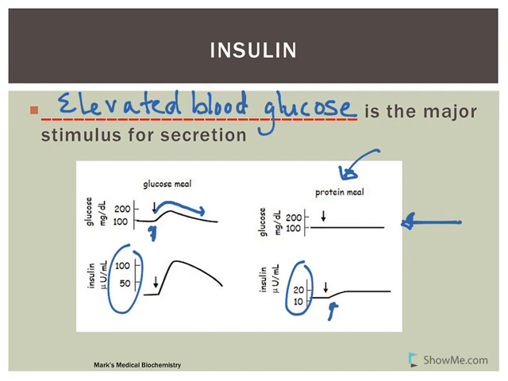The reason why a protein intake will also increase insulin, but not quite as much, is because, again, insulin is an anabolic hormone. One of the things that's involved is protein synthesis, and you use amino acids to make proteins. But you'll notice the largest amount of insulin is released if you have elevated blood glucose levels.